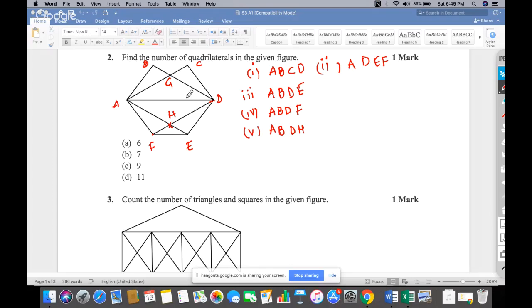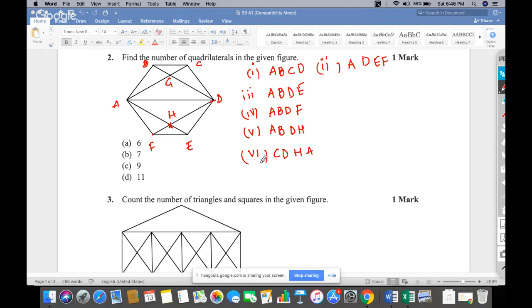The exact story from the other side, from the different side. So I will write CDHA. So sixth one would be CDHA.